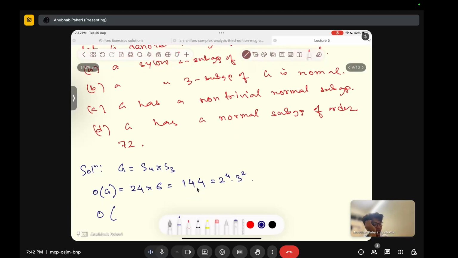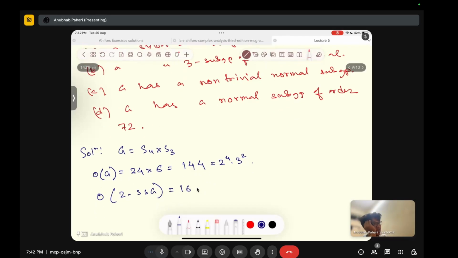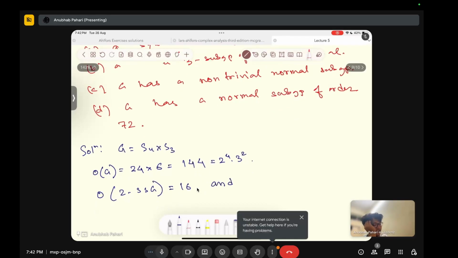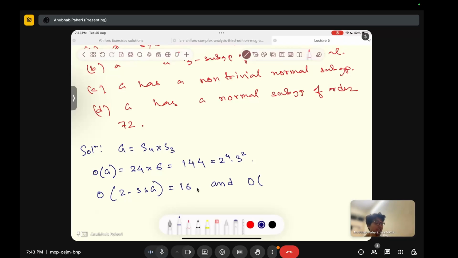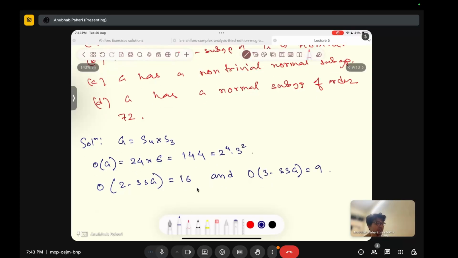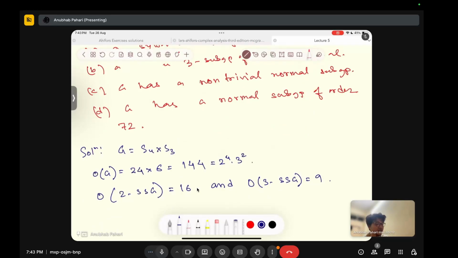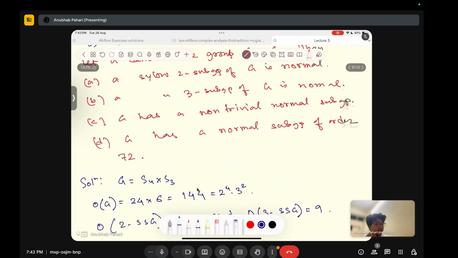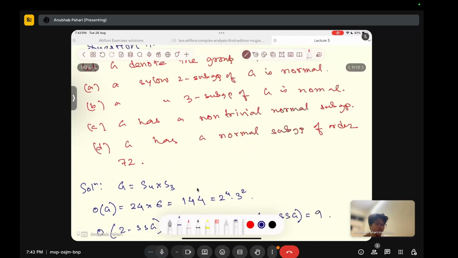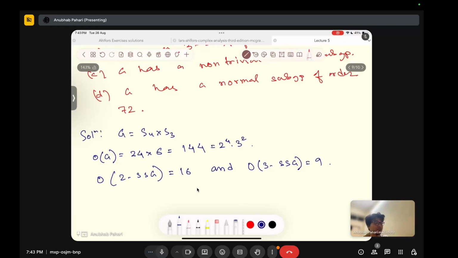So the order of the 2-Sylow subgroup is 16. We will treat it like a single group, clear its order, and then find 2-Sylow and 3-Sylow subgroups, like we did in other questions.